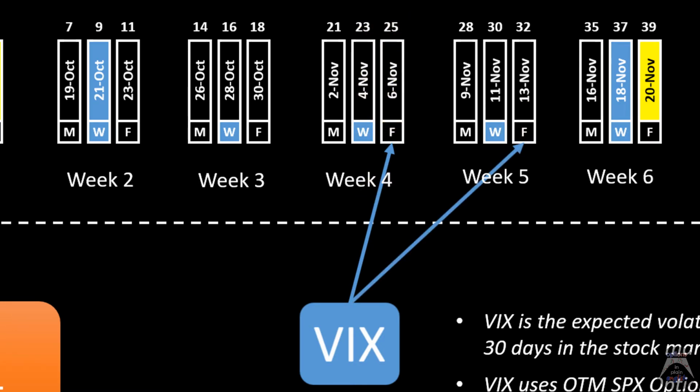Remember, we are on October 12th. So the current VIX is going to be calculated by using November 6th, so 25 days to expiration, and then November 13th, 32 days to expiration. As you can see, here it's using 2 weekly expirations. So you can use weekly or standard, or 1 weekly and 1 standard.